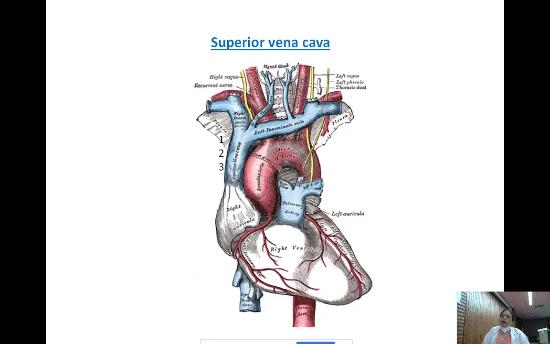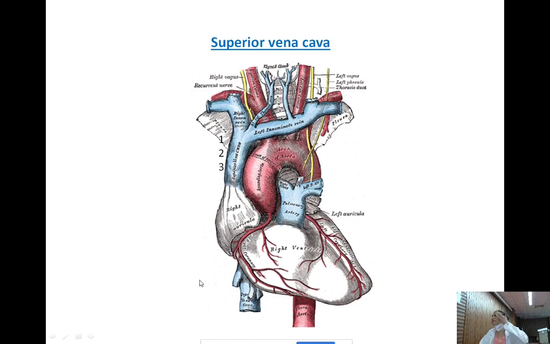Now first, come to the tributaries of the superior vena cava. The superior vena cava is present in the superior mediastinum. So it receives the mediastinal vein, the esophageal vein, the cardiac vein, the pericardial vein. Also its two large tributaries are the right brachiocephalic and left brachiocephalic. Another important vein draining into the superior vena cava is the azygous vein.